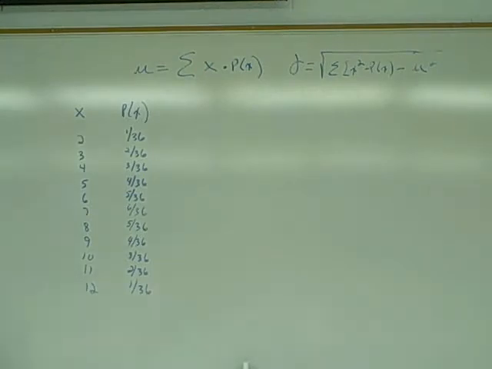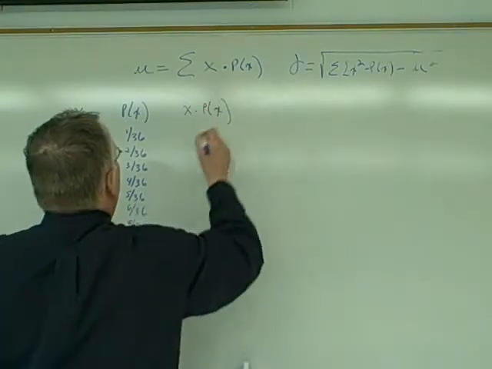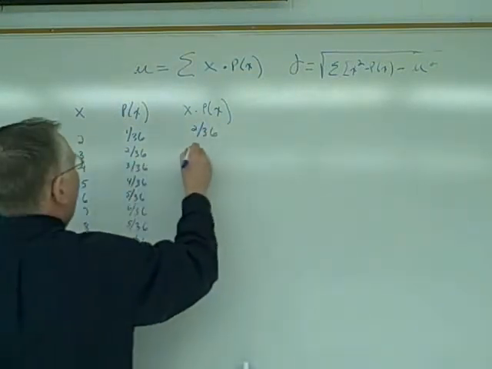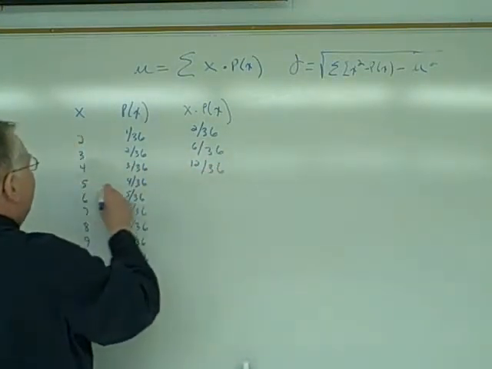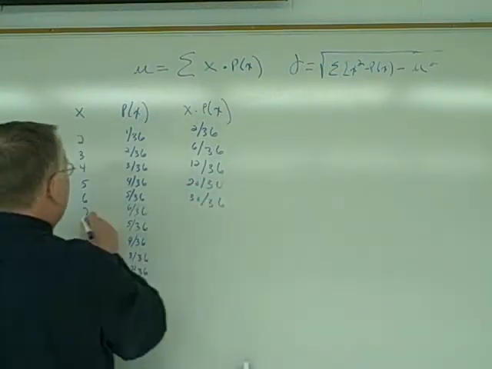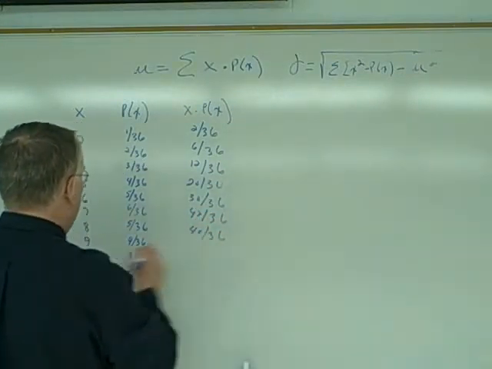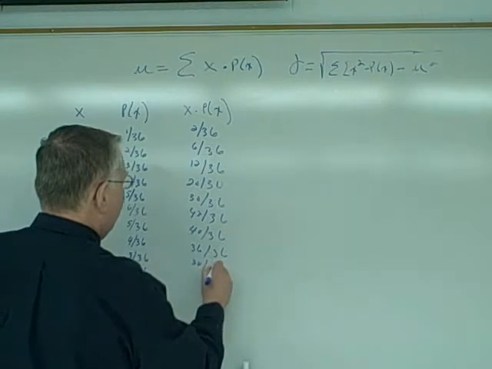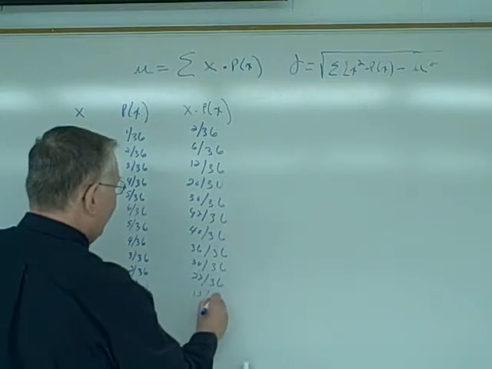So let's go through this calculation quickly here. If I take x times the probability of x, I'm going to get 2 times 1 over 36, 3 times 2 over 36, 4 times 3 over 36, 5 times 4 over 36, 6 times 5, 7 times 6, 8 times 5, 9 times 4, 10 times 3, 11 times 2, 12 times 1.